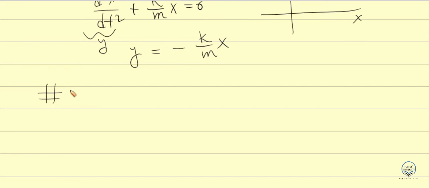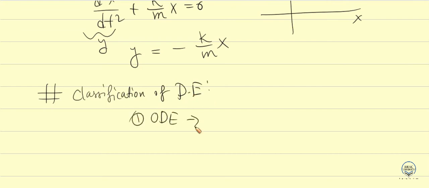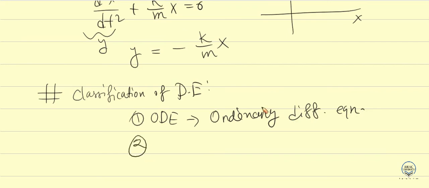So the final thing we want to talk about is the classification of differential equations. By DE, I mean differential equations. So we classify them as follows: ODE, that means ordinary differential equation. I'm writing differential as diff. and equation as eqn., so it's an acronym, you can say.